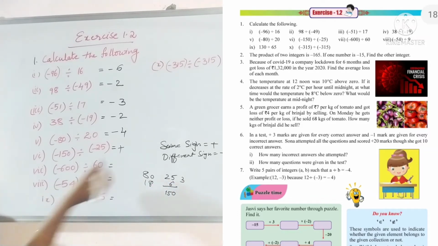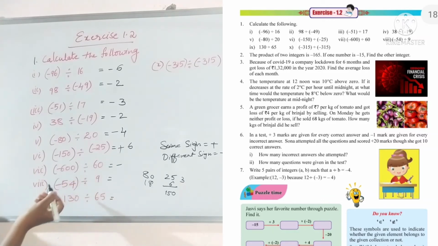So 25 divides 150 6 times. Next, here both the numbers have different signs. The answer will be negative. 60 tens are 600, right? If you can see this 0 and 0, 6 tens. So minus 10.